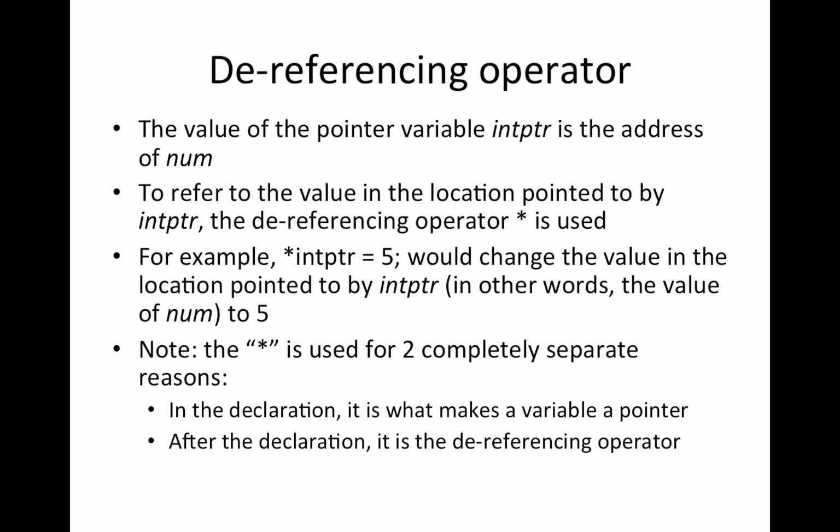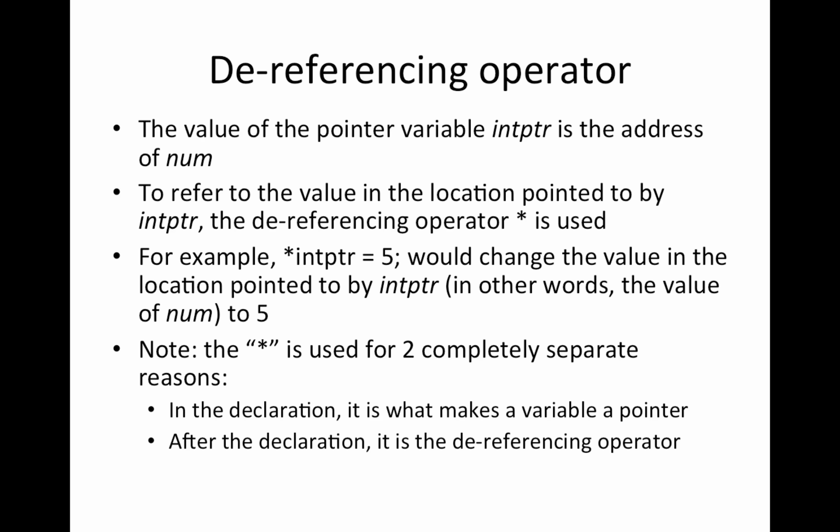Once you have a pointer variable, the value of the pointer variable is the address. To refer to the value that's stored at that address or in that location, you use what's called the dereferencing operator, which is the star or asterisk that you put in front of the variable name. For example, if I say star intptr, that means the value in the location pointed to by intptr. So if I assign to that the value 5, that would store the value 5 in that location.